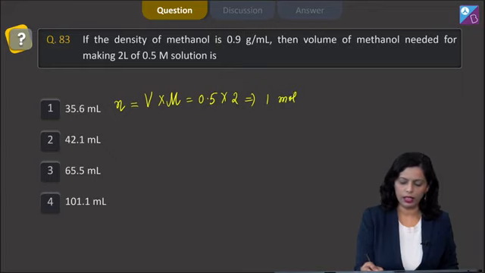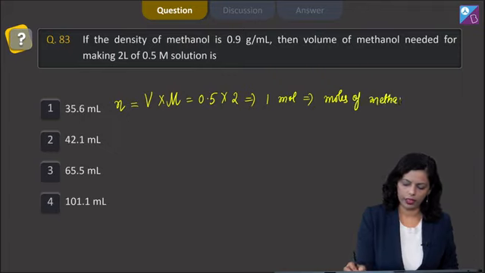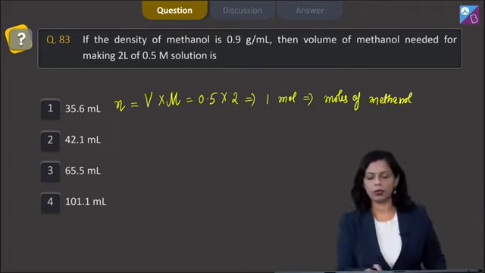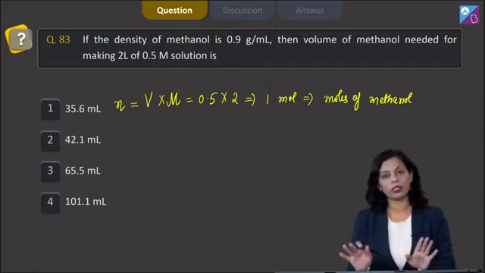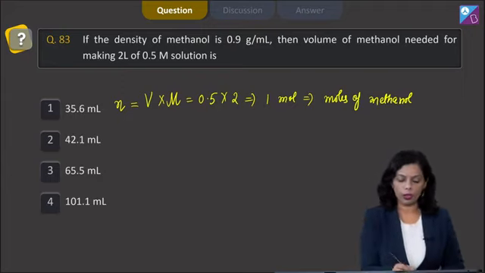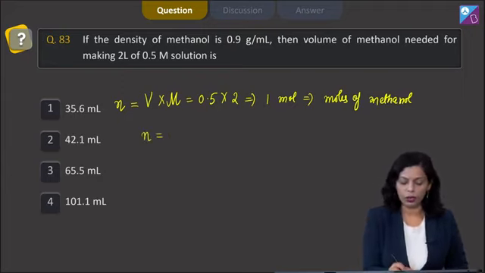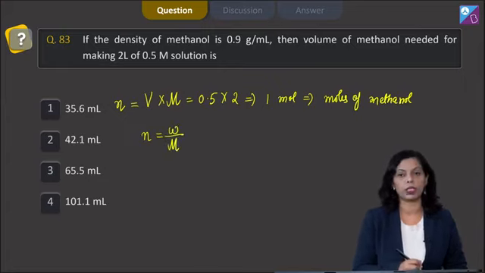So these are the moles of methanol, right? In one step I did this. Moles I have. Now density of this methanol is given. From the moles I can easily find out the mass of methanol as well. How? Because everybody is aware that moles is equal to given mass by molar mass of the species, right?